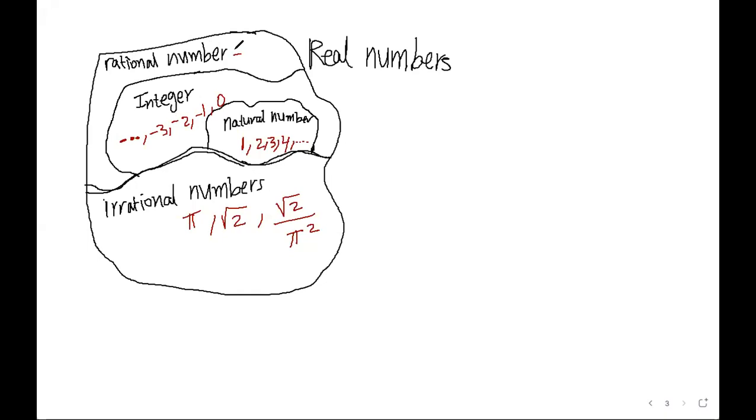Rational numbers are anything of the form m over n, such that n is not equal to 0. Examples: 1 over 2, another example, 6 over 18. These are rational numbers.